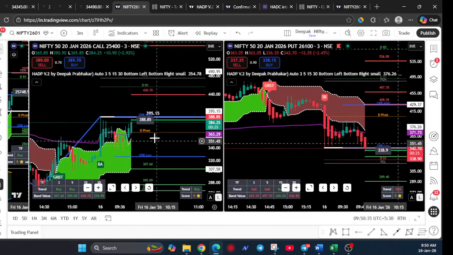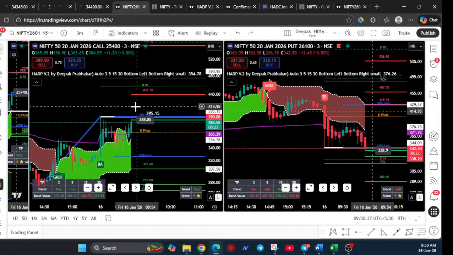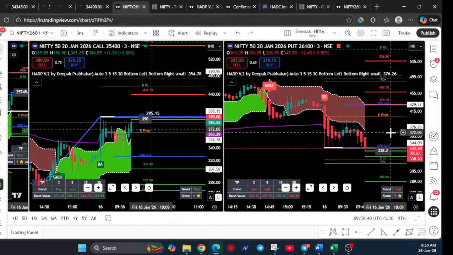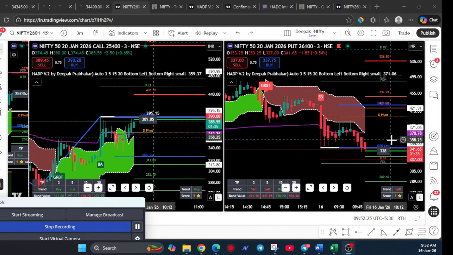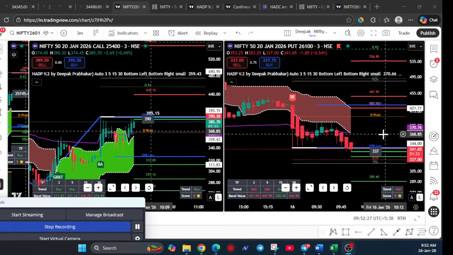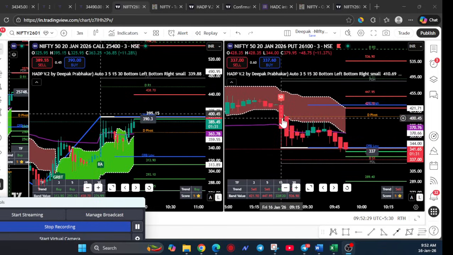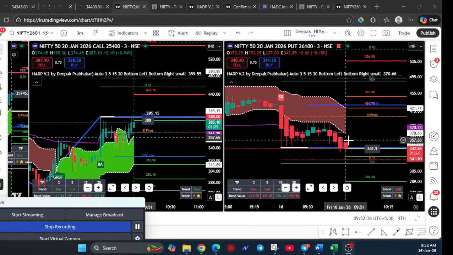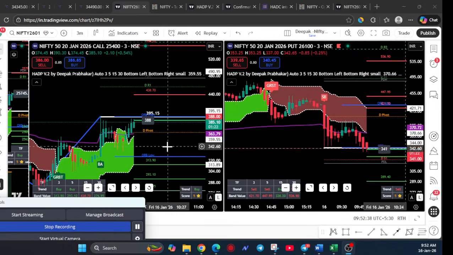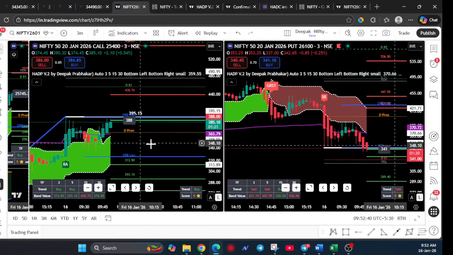You have to wait for this also to cross. Clearly broken. One candle has even, I think, closed below this, right? This is 344. This Heiken closed below that at 343. It is clear a sell on the put side. The buy is still not triggering.